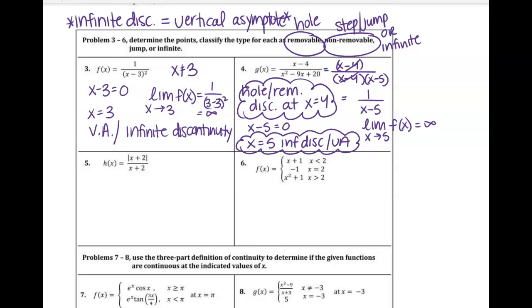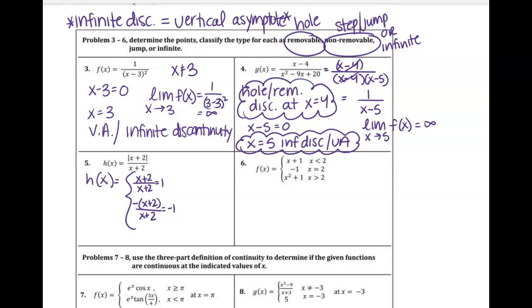Number 5 is one of those weird absolute value ones. And so basically what happens is we have to split it into our piecewise. And so h of x is either going to be a positive x plus 2 over x plus 2, which is 1, something over itself, or a negative x plus 2 over x plus 2, so a negative something over itself, which is negative 1.